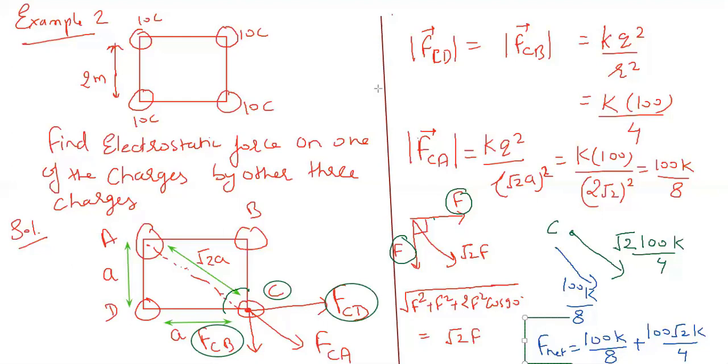By following the vector law of addition, we finally got this result. So this is how we deal with problems in which the vector law of addition is required, and Coulomb's law application is also done here. So I hope everyone is clear. So let's move on.